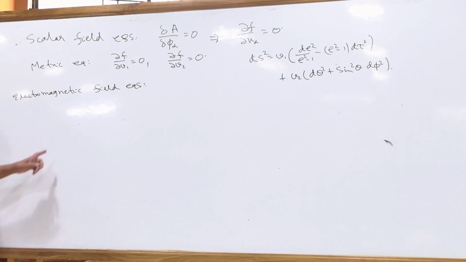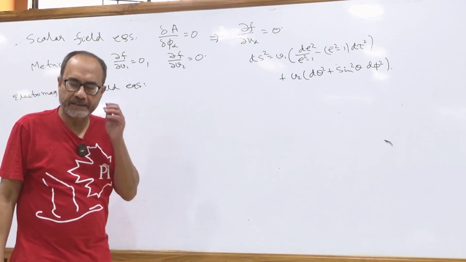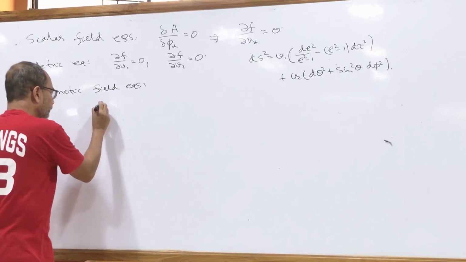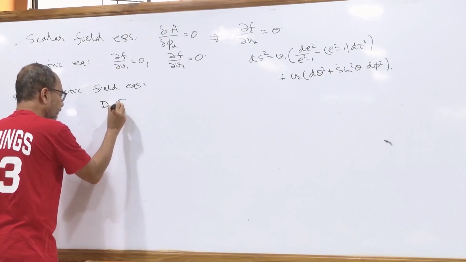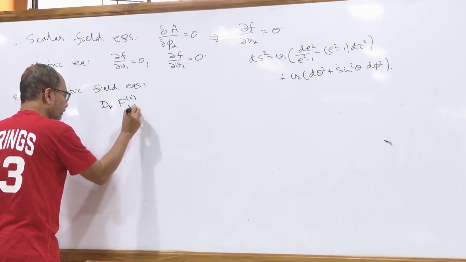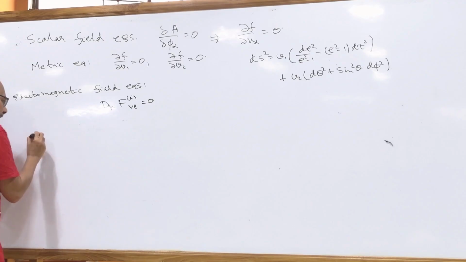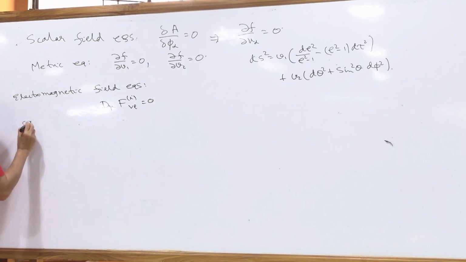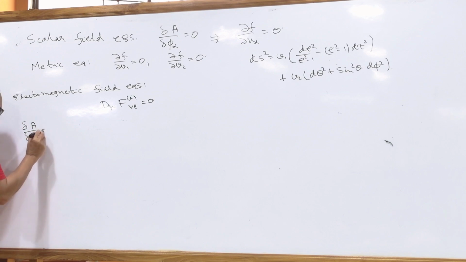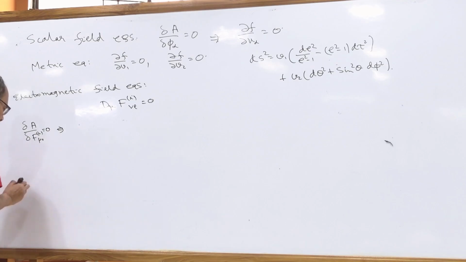There are two sets of equations that you have to solve. One is a Bianchi identity. The other one you get from varying the action. So, delta A, delta F I mu nu equal to 0, right? This basically tells us, sorry, delta A I mu.